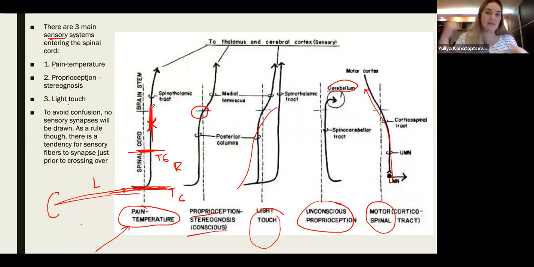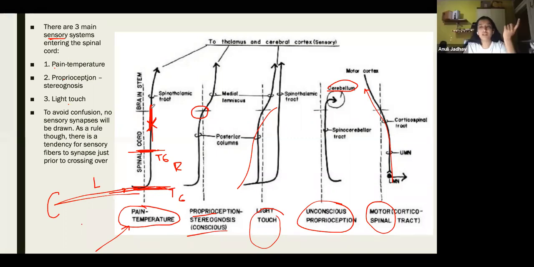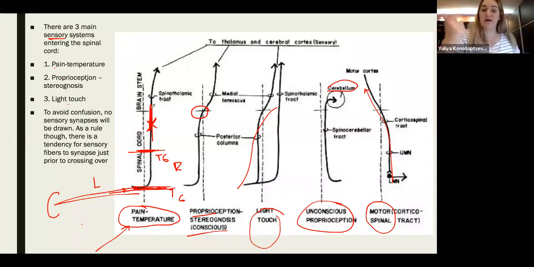This is the contralateral component, right? So if your patient comes to you and says, I cannot feel pain in my right arm, what do you start thinking? The left side, but above T6. Yes, but which tract for pain?